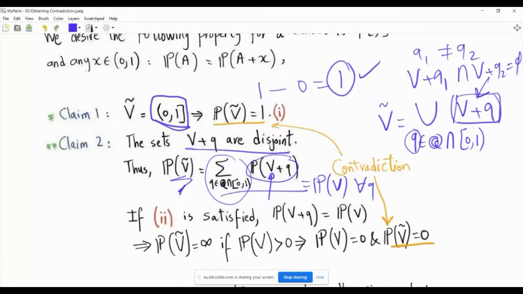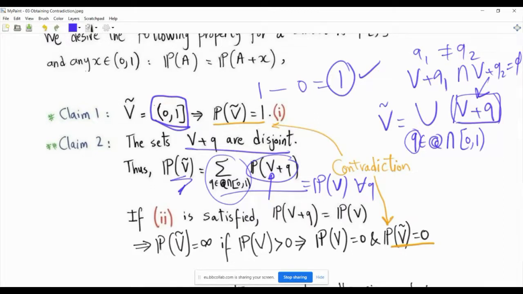So we cannot assign to V a probability that is strictly positive. Remember that V tilde, from the first claim, is a subset of 0, 1, so you cannot assign to it a probability infinity or a probability greater than 1.